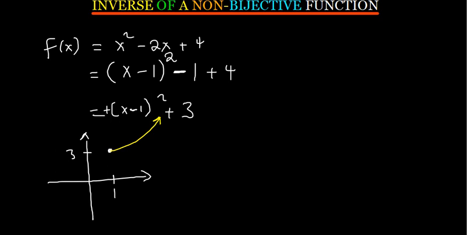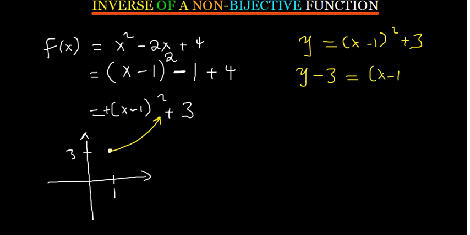So we can now equate it to y. So y is going to be equal to (x minus 1) squared plus 3. Take 3 the other side. That will be y minus 3 is equal to (x minus 1) squared. Square root both sides. So we're going to have square root, remember, it's positive or negative, y minus 3 being equal to x minus 1. Take 1 the other side.